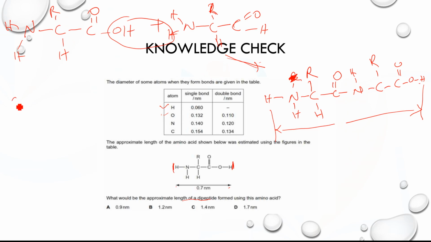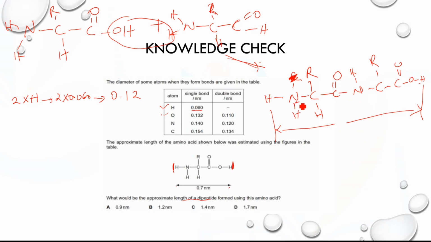So two times hydrogen, which is two times 0.060. So let's bring your calculator: two times 0.06 gives us 0.12.